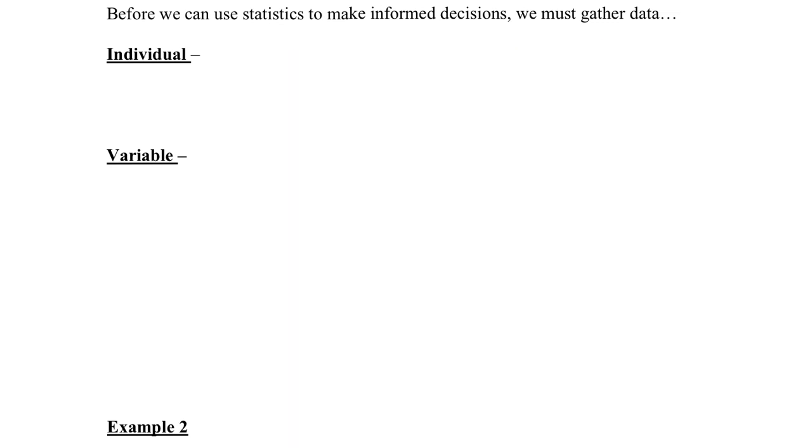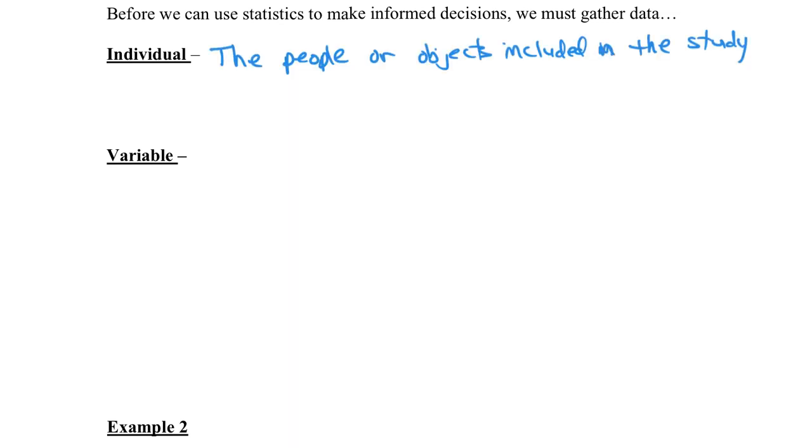Those are the individuals. So if you are studying, let's say you want to figure out the average age or the mean age of a GRCC student, well, the individuals would be all the GRCC students, right?